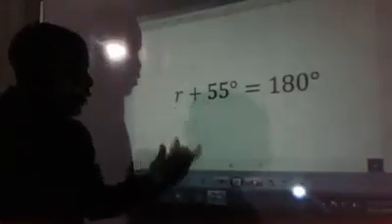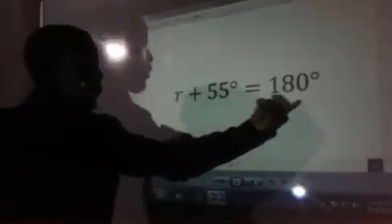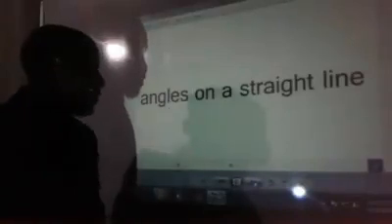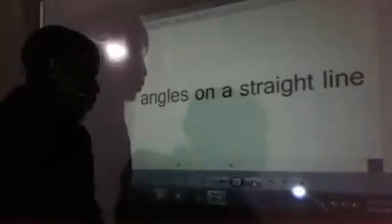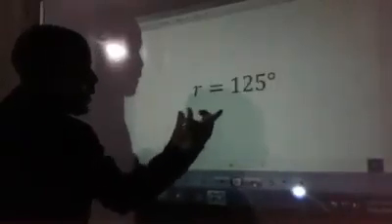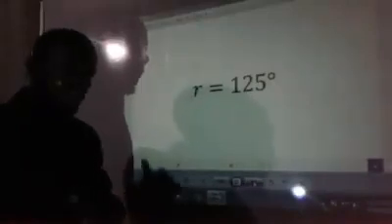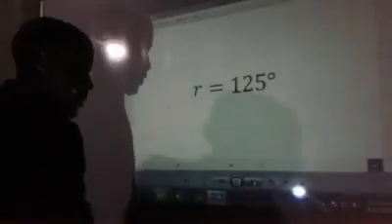So I take that 55 and subtract it from 180 degrees, and I get my R. The reason is that angles on a straight line are always equal to 180. It gives R to be 125 degrees. That is the basic of geometry, grade 9.